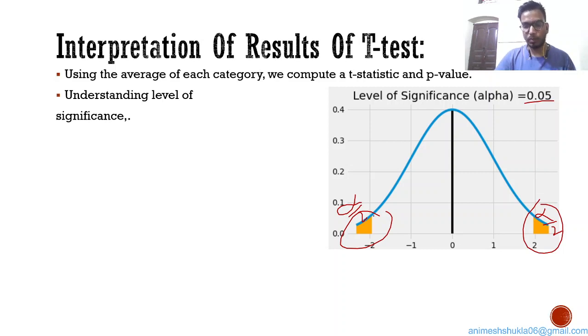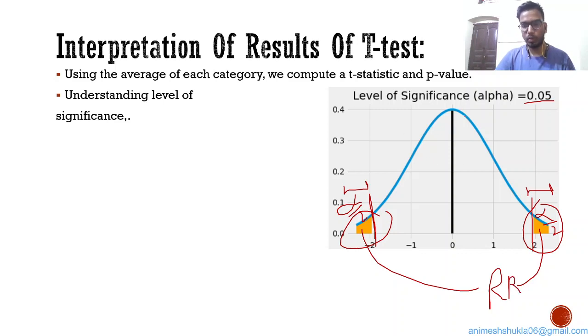So this orange portion belongs to the alpha, and this is the alpha by 2. That means 0.025 area is over here, and 0.025 area is over here. This region is also called the rejection region, RR.